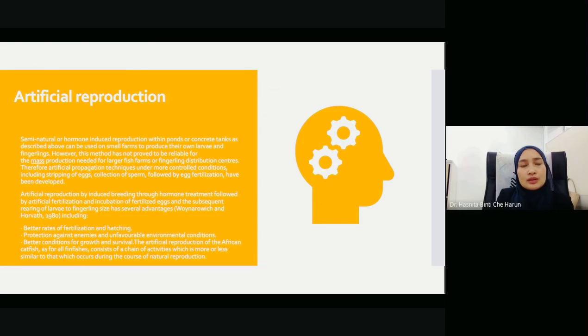Okay, now we come to the last part of this lecture, artificial reproduction. With the previous methods, the semi-natural, where you use hormone to induce reproduction, whichever system you use, pond system, HAPA system, or concrete tanks with substrate, it normally results in a lower number of fingerlings produced.